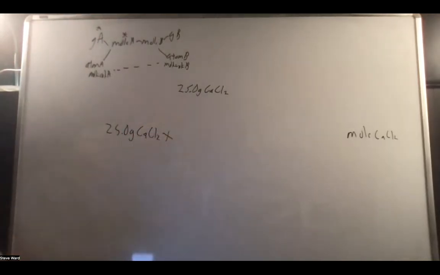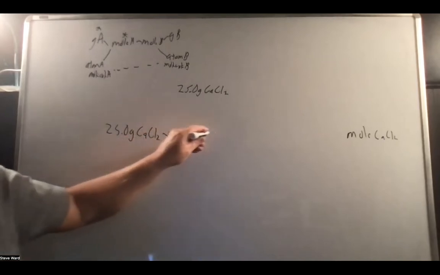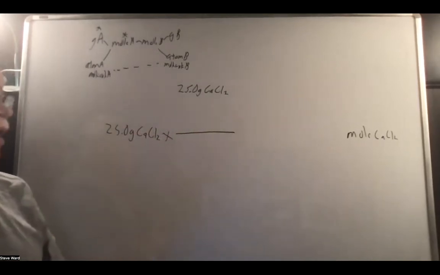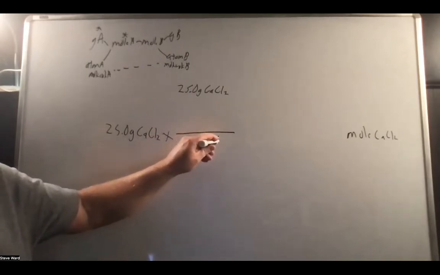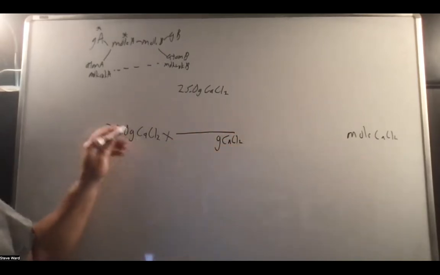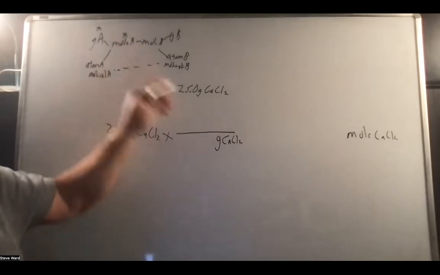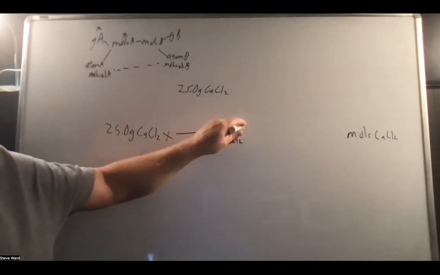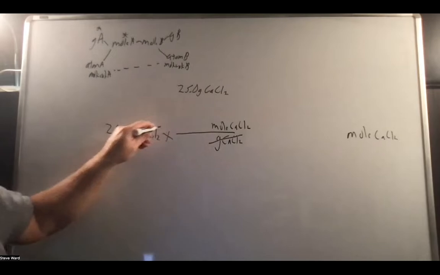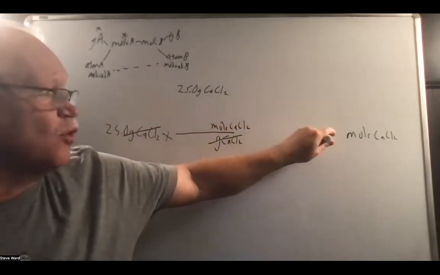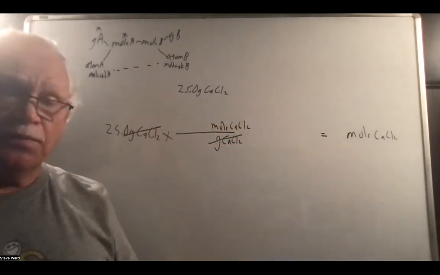So what does dimensional analysis say to do? What word has to go on the bottom here? The grams of CaCl2 has to go on the bottom so that it cancels. And I can put the moles of CaCl2 on the top. Now, if I've done this correctly, the words cancel and I'm left with the word that I'm looking for.